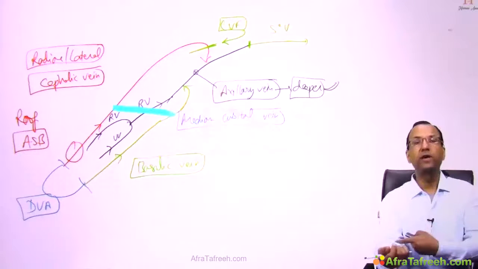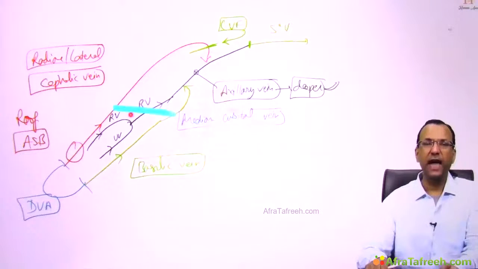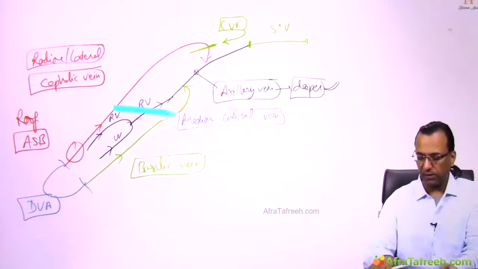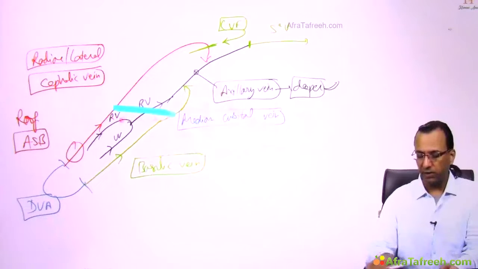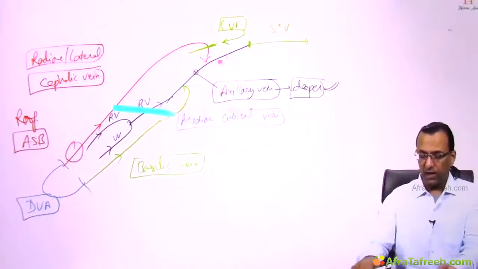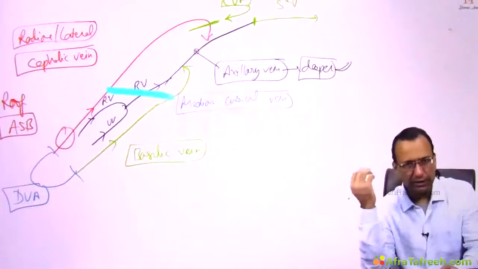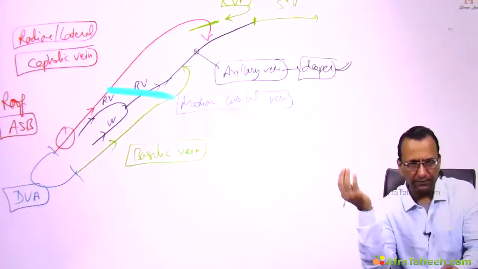It is quite easily accessible at the front of the elbow joint. It is draining some blood of the cephalic vein towards the basilic vein and then towards the brachial vein and ultimately towards the axillary vein. So this is what we wanted to know about the venous drainage of the hand, forearm and arm.